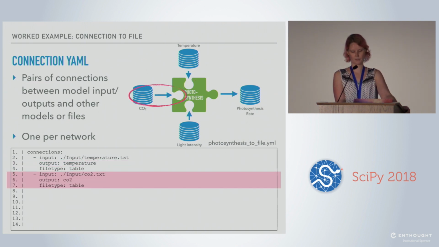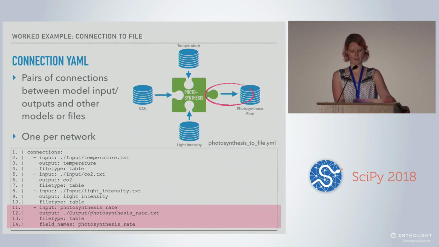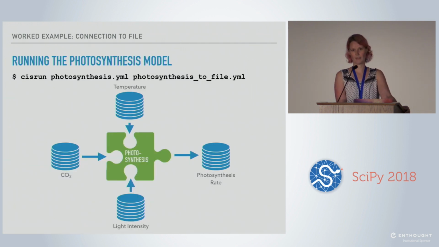Similarly for the CO2 input and light intensity input, and then for the output, we take from the photosynthesis rate output channel and pass it to photosynthesis_rate.txt. To actually run this, you would call from the command line cis run with the model YAML and the connection YAML, and you would see whatever print statements you have and then your output file.